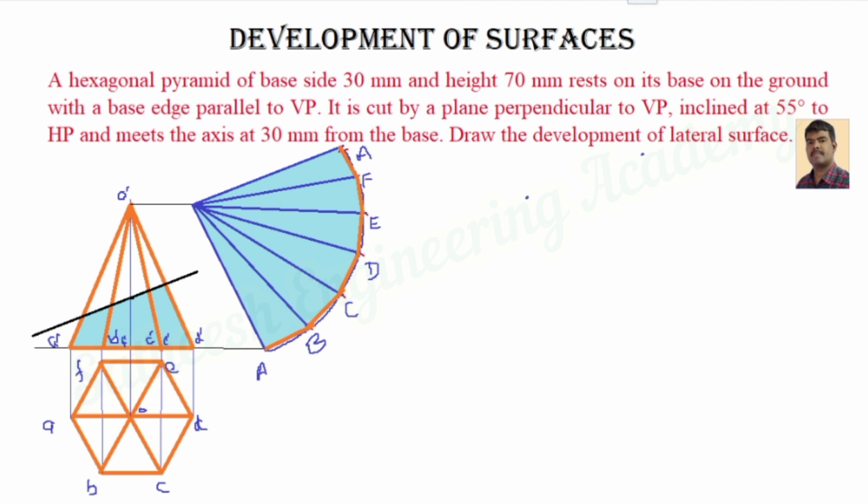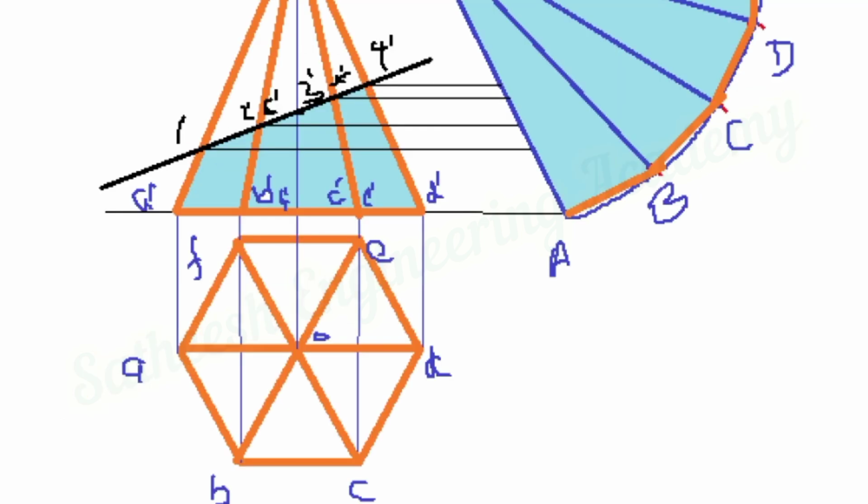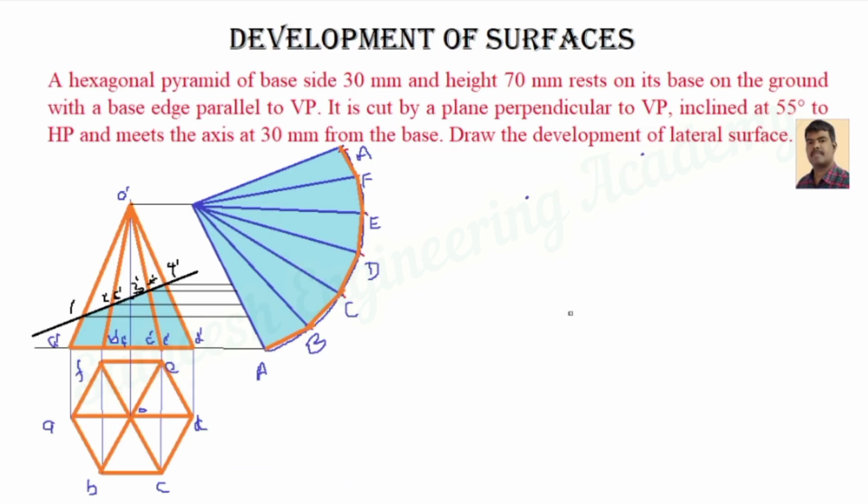Clear? Similarly, the third slant edges are OC and OE, which also give two cutting edges, and the extreme right slant edge OD has one cutting edge. So from all the cutting points 1 dash to 6 dash, you draw the projection lines up to the development portion.